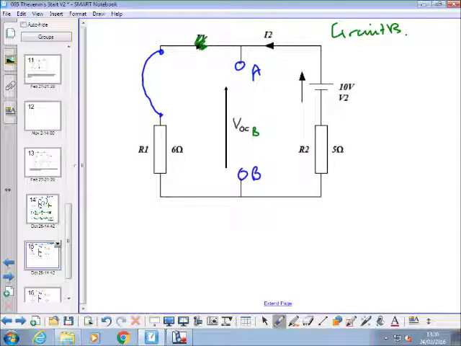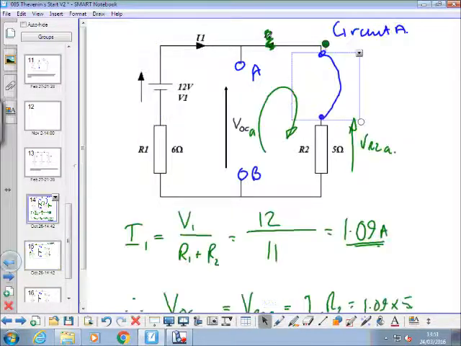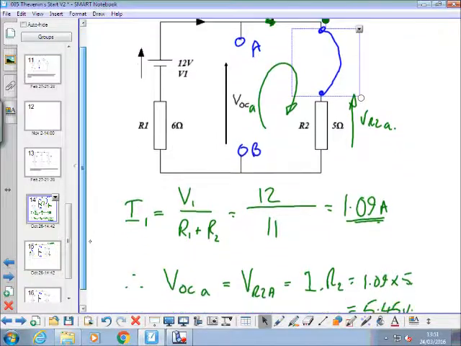So we would have that voltage being that way, current flow is this way, that voltage is that way, so the VOC,B arrow is in the right direction. Just go back to the first one and make sure we got that one right. Current flow is that way, that is that, and that must be opposite, so we've got them both in the same direction.